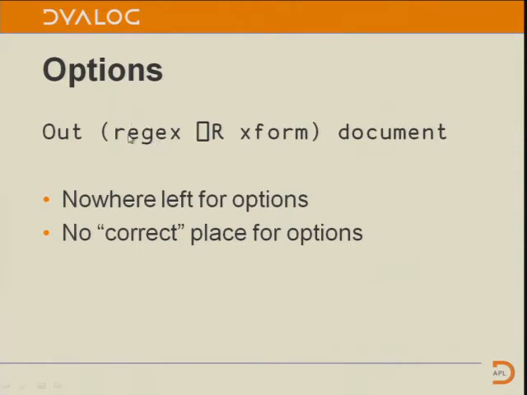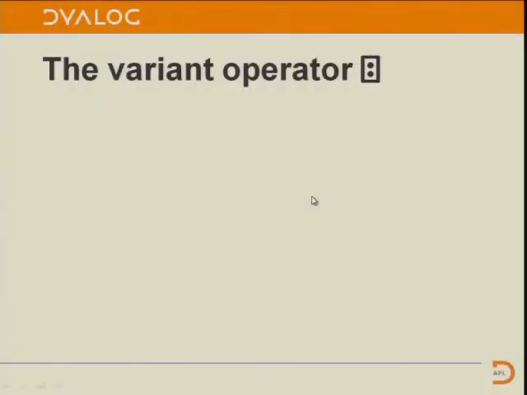They're almost a feature of the regular expression, so you would want to stick the options in there somewhere. However, other options, for example, whether a stream is encoded in UTF-8 or UTF-16, are not part of that. You want them to be here somewhere. So not only is there nowhere for them, there's nowhere to put them.